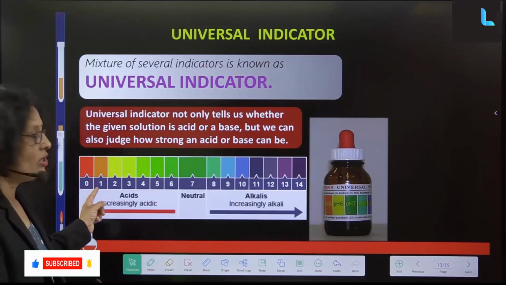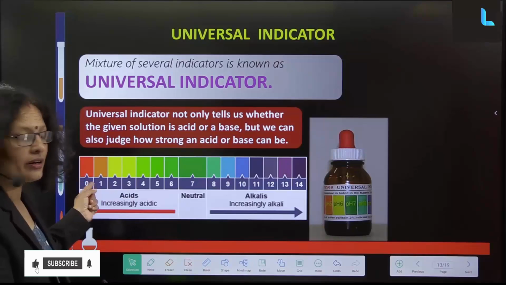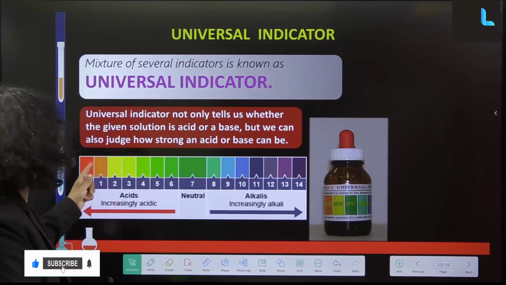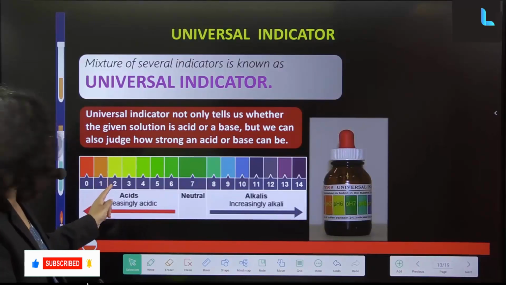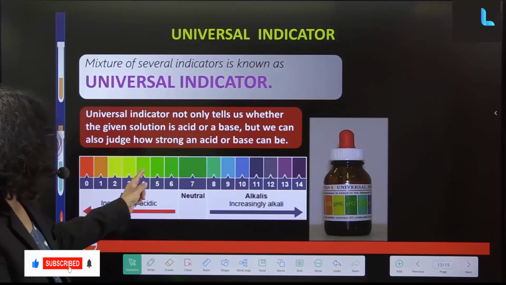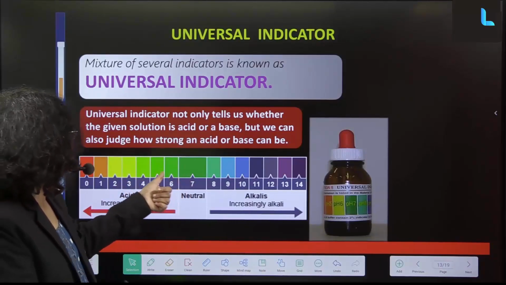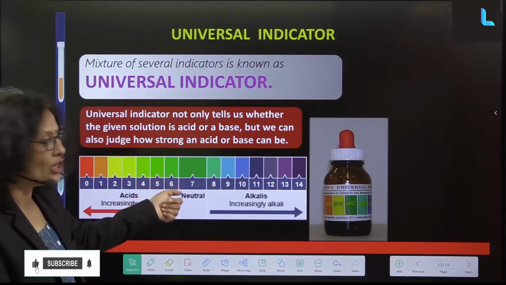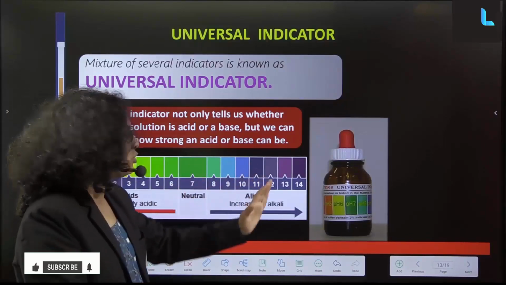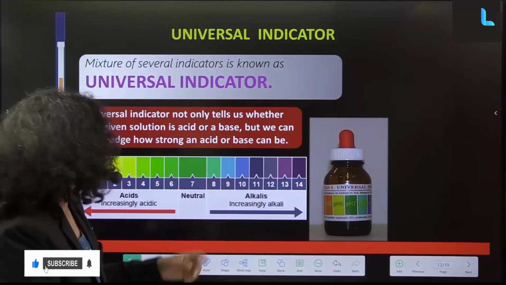Okay, so for 0 we have this kind of fire red color, for 1 very strongly acidic, orange, then strongly acidic 2 also yellow, then it starts turning greenish. Now we can see here the weakly acidic will be greenish and 7 will be neutral, which is green color. Now as it goes, after 7 it will be basic.